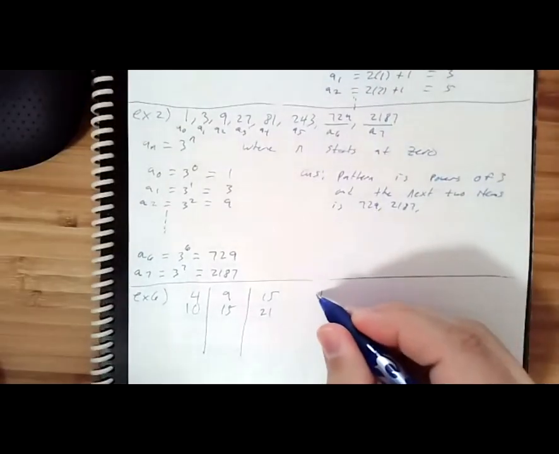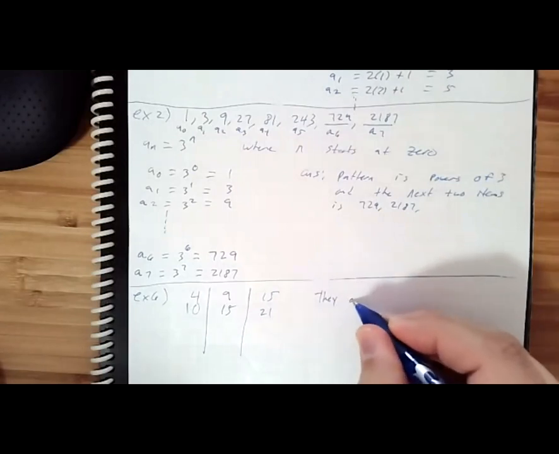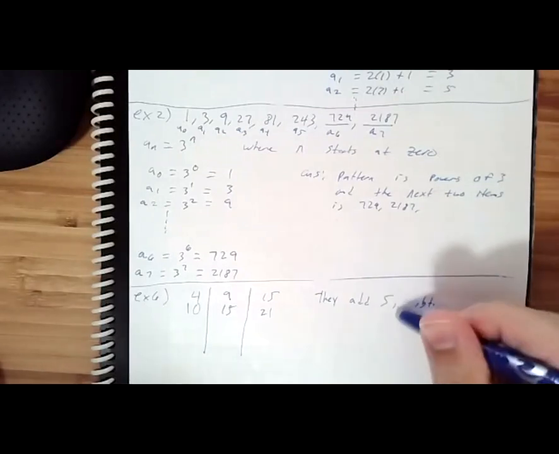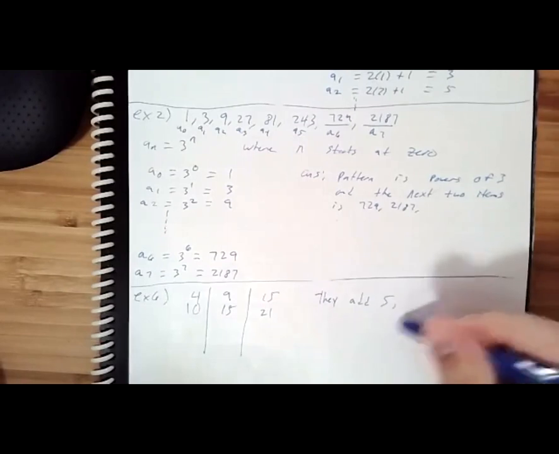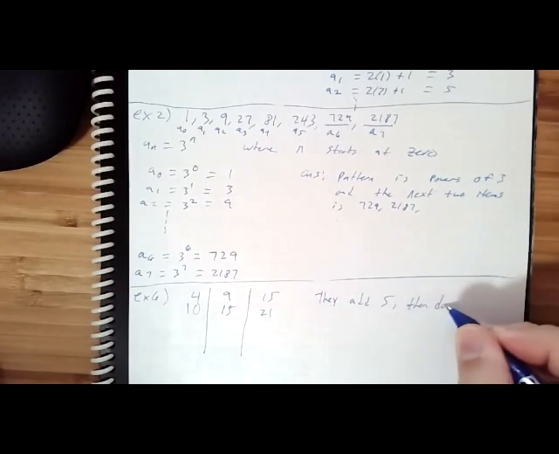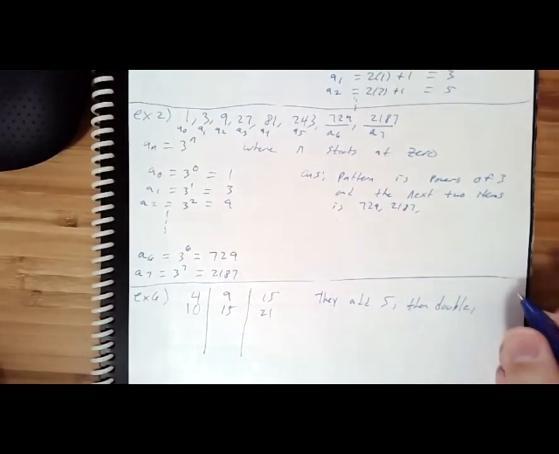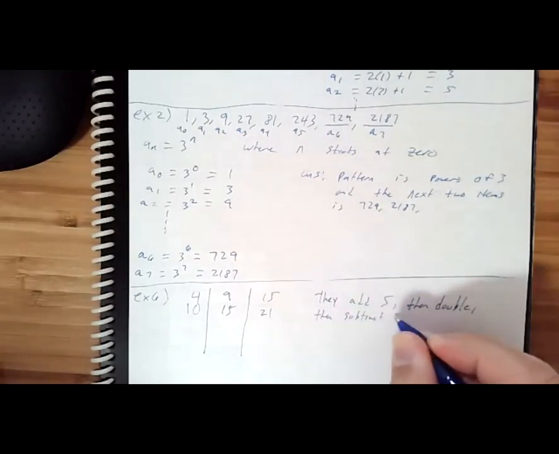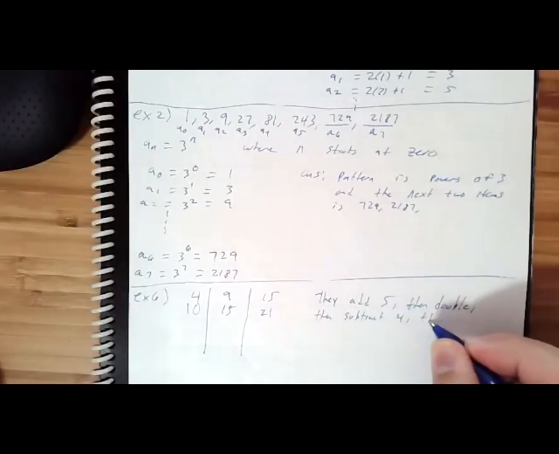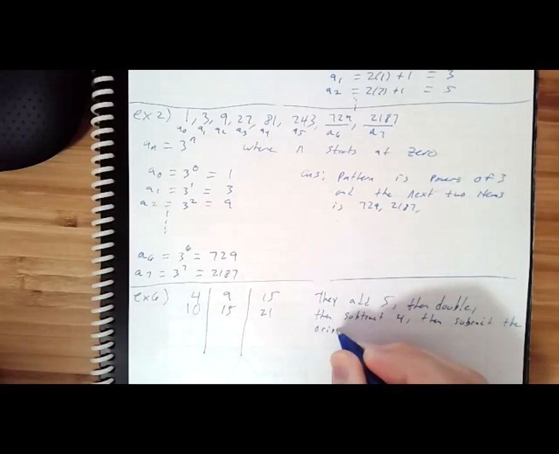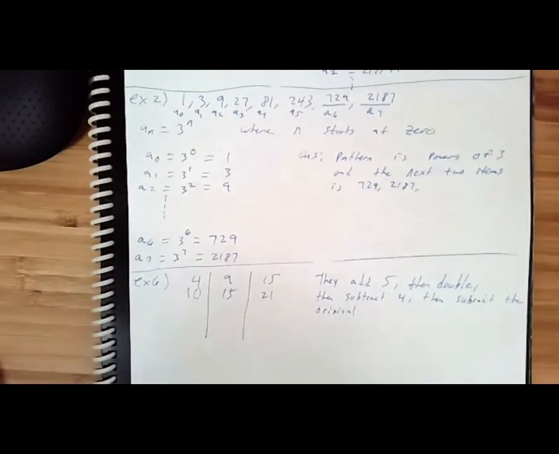So in English, they said add 5, then double. Then subtract 4. Then subtract the original. Okay.